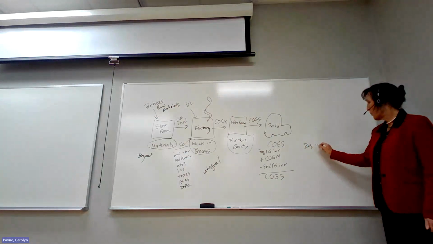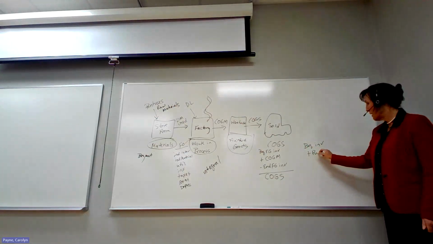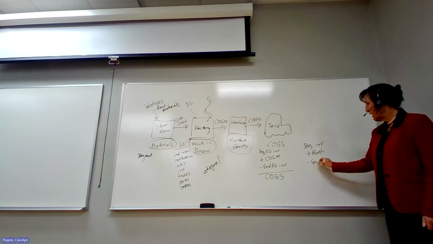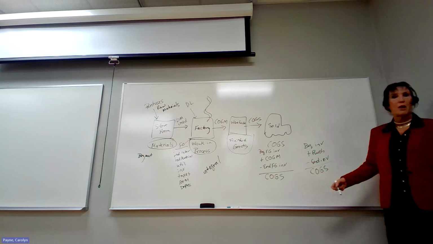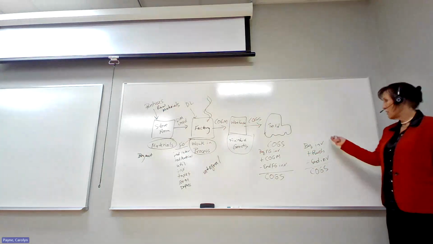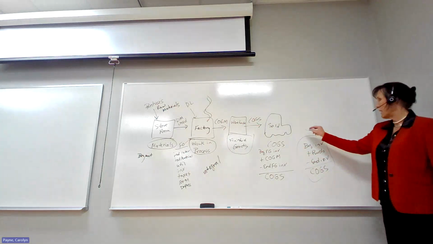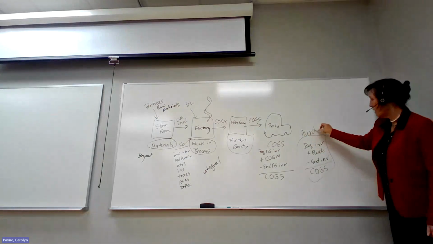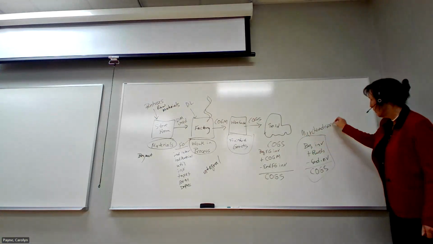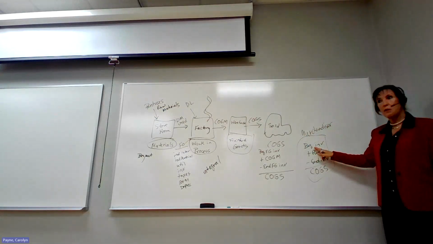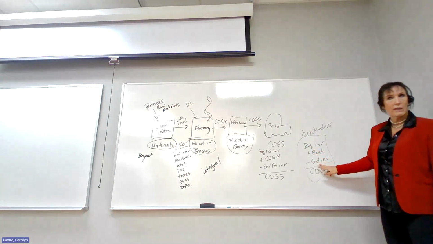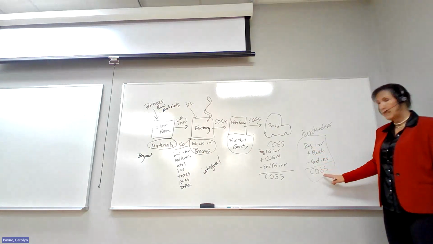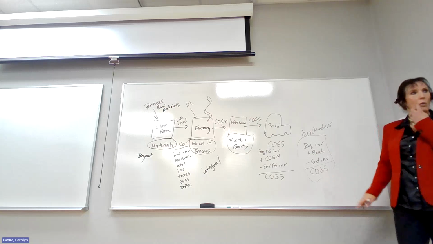Beginning inventory plus purchases minus ending inventory equals cost of goods sold. It's a little bit more difficult if we're a manufacturer. So this is for a merchandiser, and that makes sense, right? We have stuff that we purchased. We bought some more. We count what's left at the end of the year. Anything that's missing is cost of goods sold.